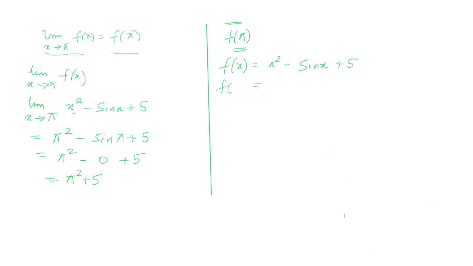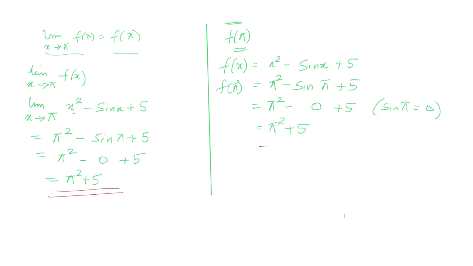So f of pi will be equal to pi square minus sine pi plus 5. Again, pi square minus 0 plus 5. Why am I saying this? Because sine pi is equal to 0. So I have pi square plus 5 on this side and pi square plus 5 on this side. So this is equal to this, and therefore I can say that LHL is equal to RHL.